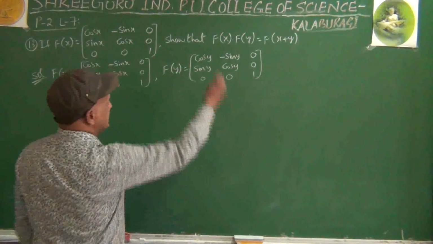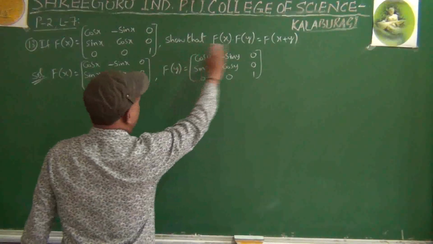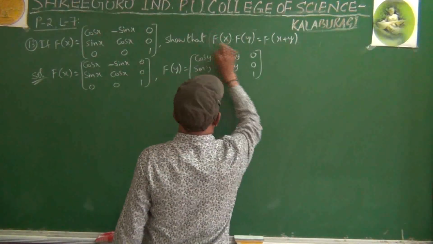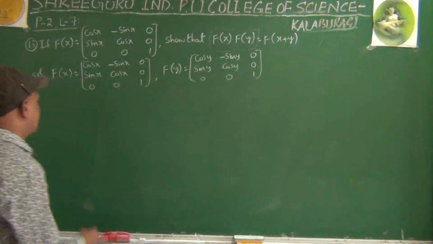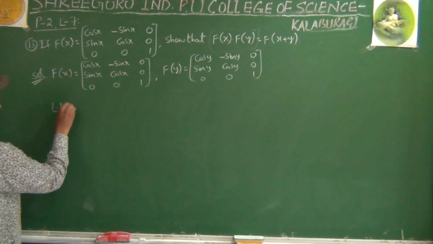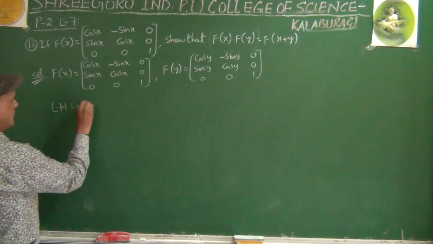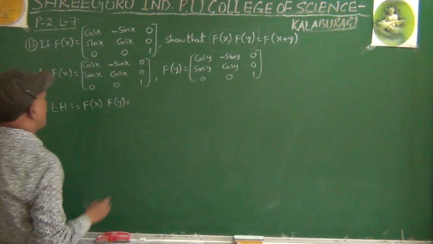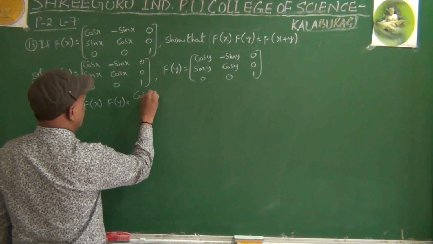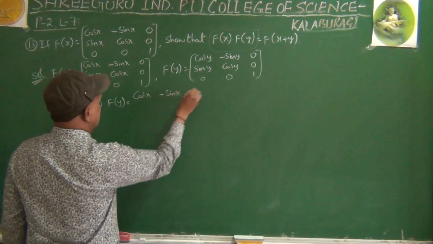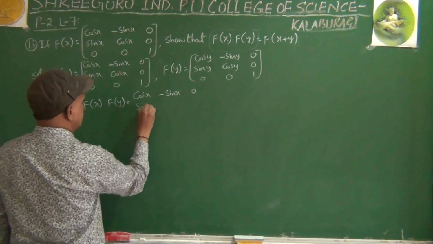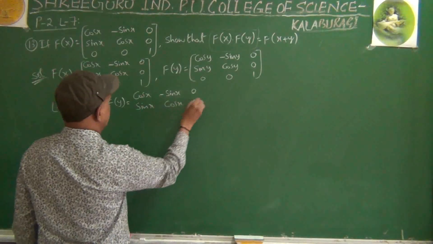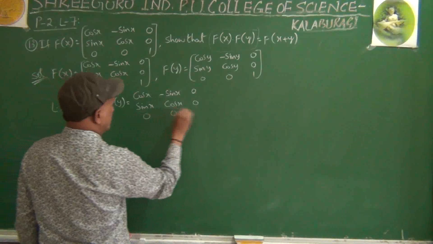Okay. Now let us see LHS. We have to show that this one. LHS equals f of x into f of y. f of x is cos x, minus sin x, 0, sin x, cos x, 0, 0, 0, 1.